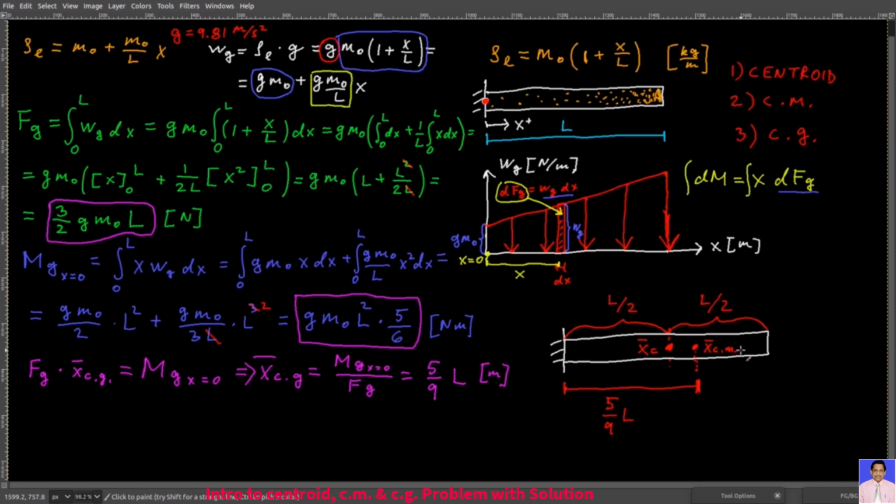Then here you have your center of mass. That's its distance from the beginning of the beam. And as you can see, you have the same thing for the center of gravity. So x bar cm equals x bar cg. Your center of mass equals your center of gravity.